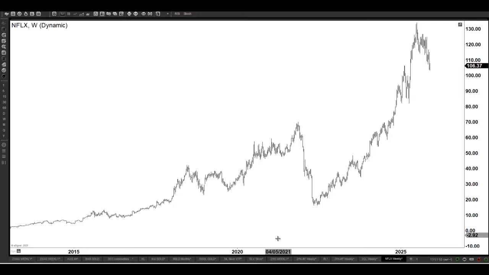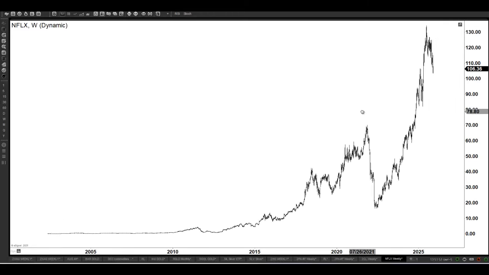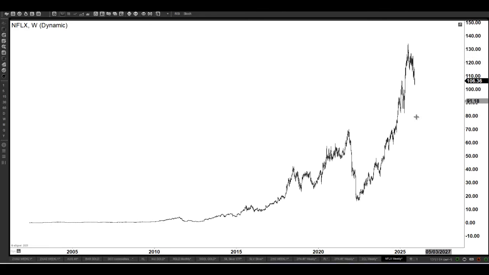This is Netflix. What is the trend in Netflix? Bullish or bearish, Laster? I'm going to pick you so you understand. Bullish, right? So, this is zero. This is the grand super cycle.